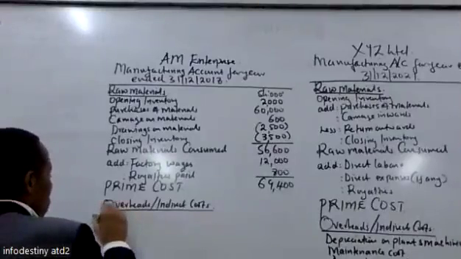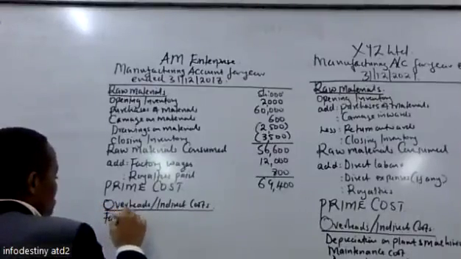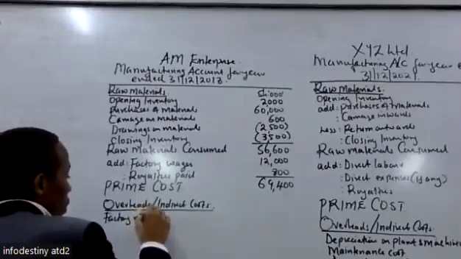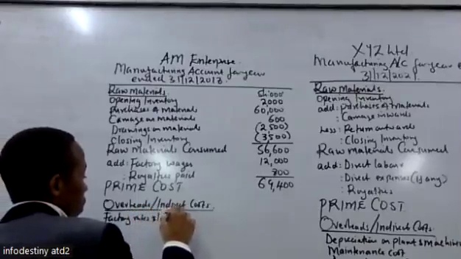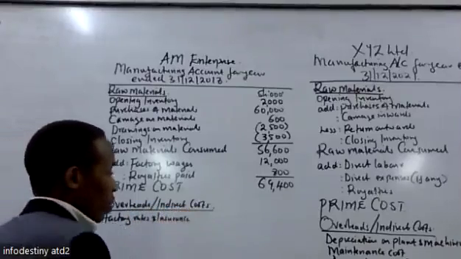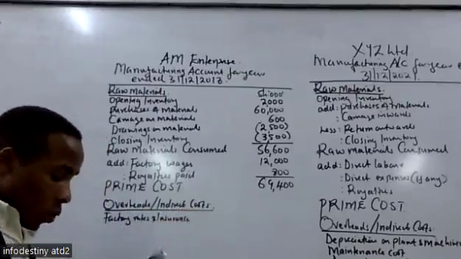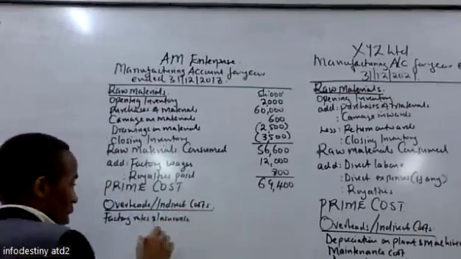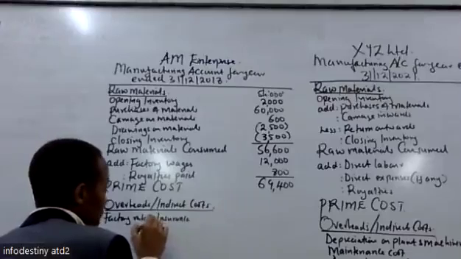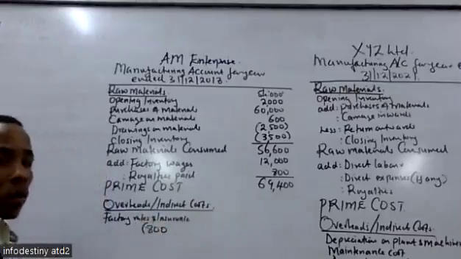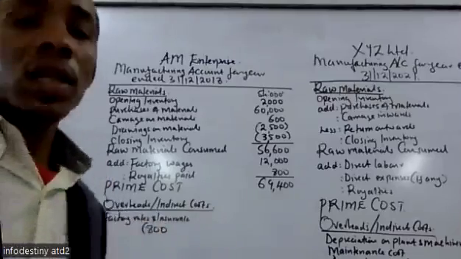Can you see that? Factory rates and insurance. We are given an amount of 800, but we will adjust it.